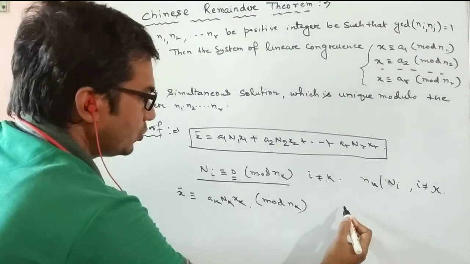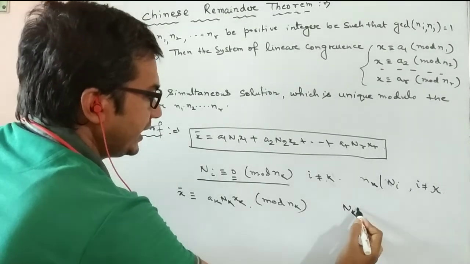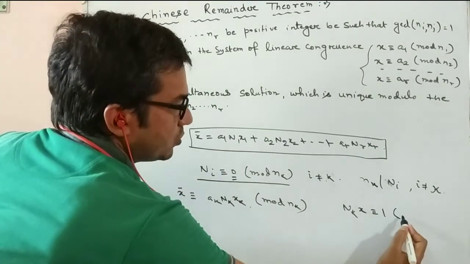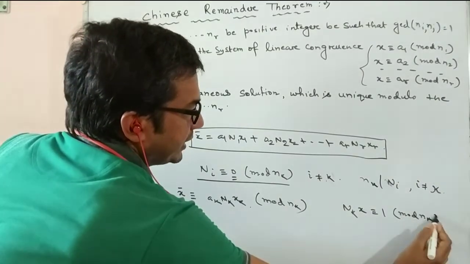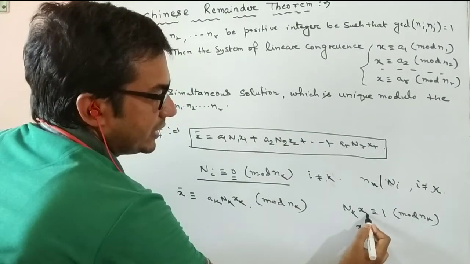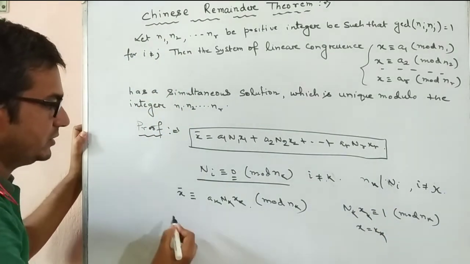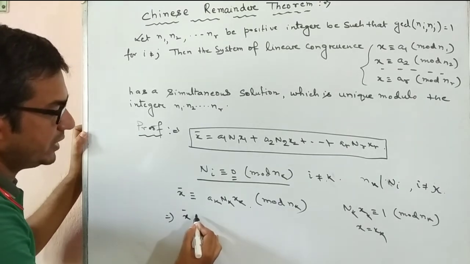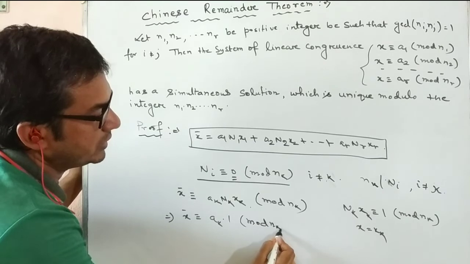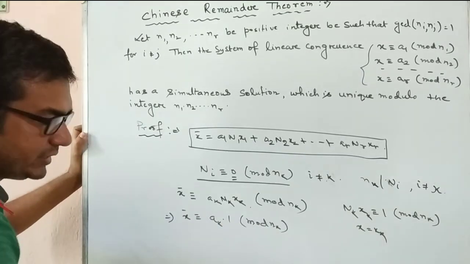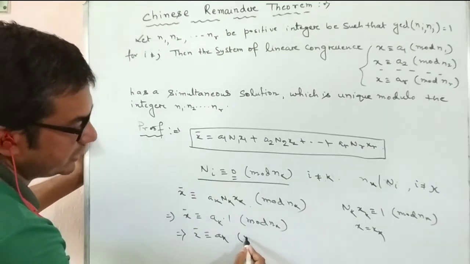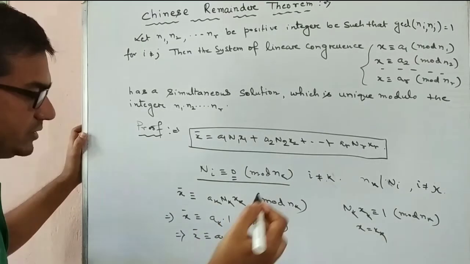Also we know N_k x congruent to 1 mod n_k has a solution x equal to x_k, that is N_k x_k congruent to 1. So we put this result here: x bar congruent to a_k into 1 mod n_k, that is x bar congruent to a_k mod n_k.